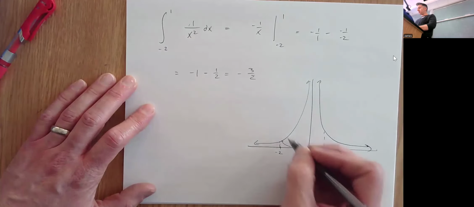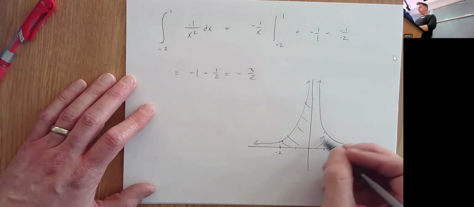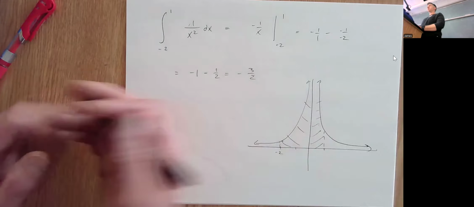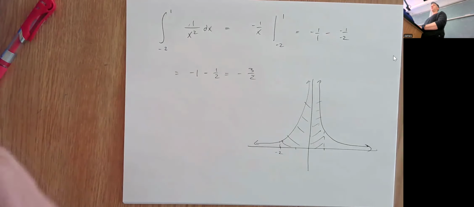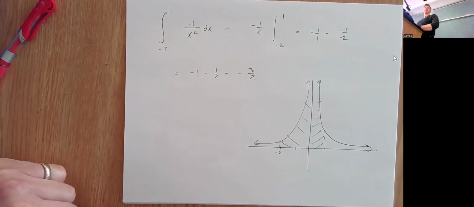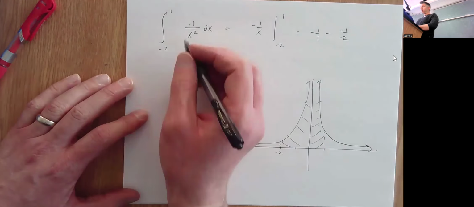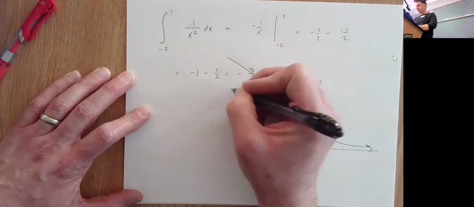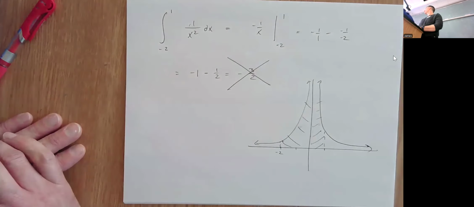Does that seem at all reasonable to you? Definitely not. And the problem here is that that function is undefined somewhere on the interval of integration. So to actually appropriately do this, we have to break it up at the place where it's undefined. So this integral, right? So let's be super clear. That is not correct.